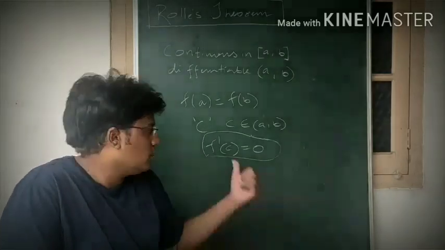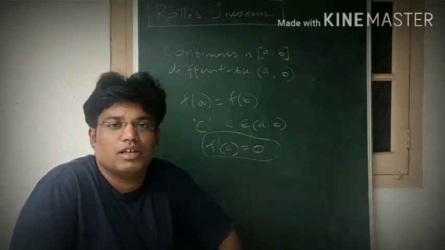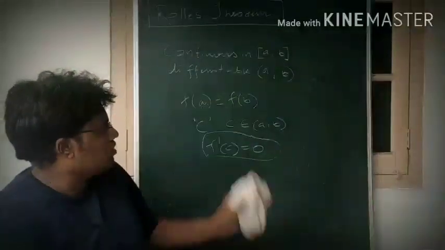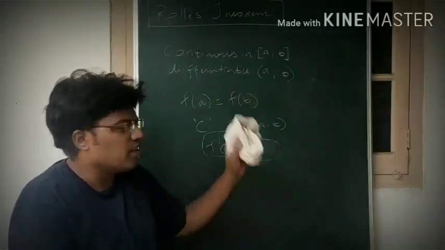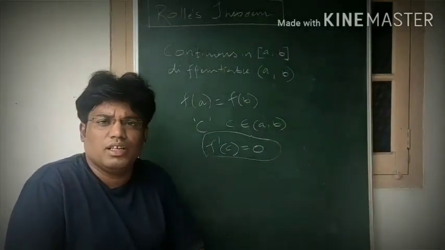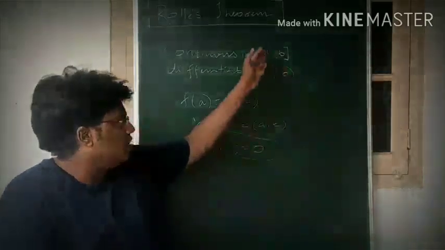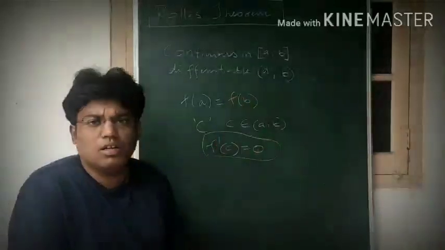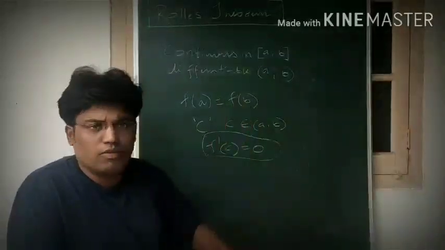So what is the geometrical meaning? That you need to understand here. This is the algorithm for Rolle's theorem. These are the conditions: it must be continuous, it must be differentiable, and f of a must be equal to f of b.